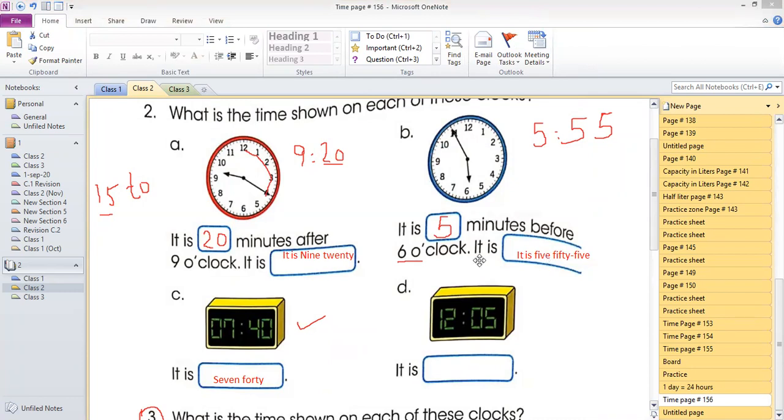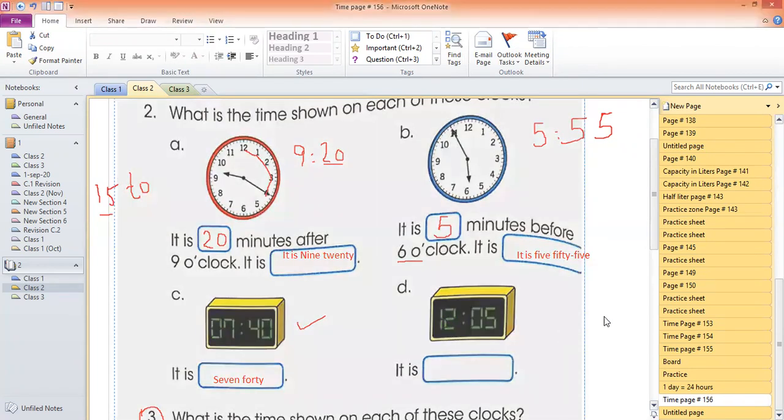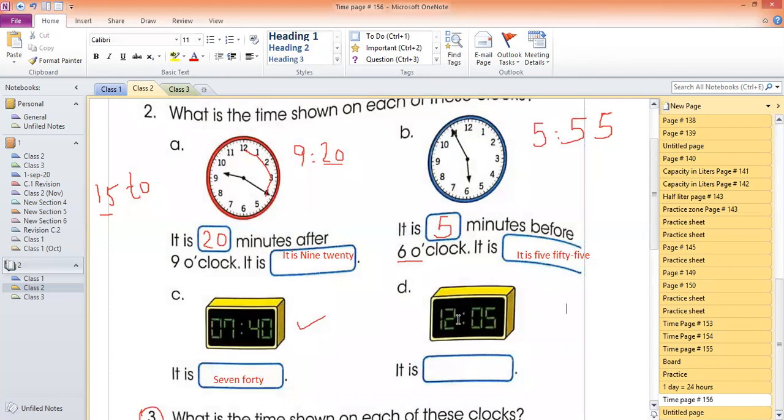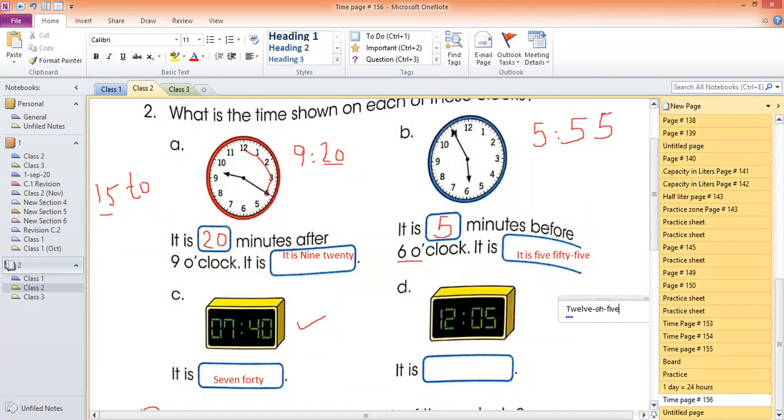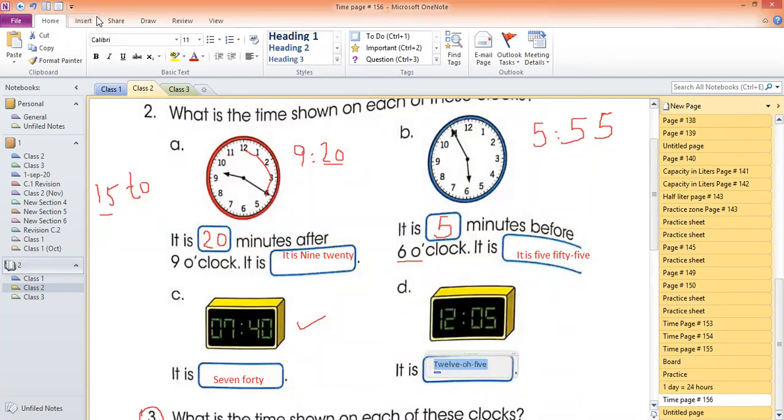Yes, very good. Now you have to write the time here. It is dash. It is dash, 12:05. So how will you write? You will write here it is 12:05.